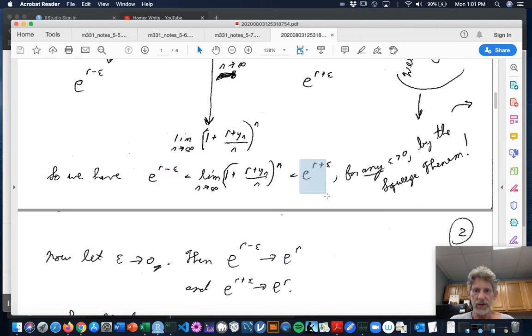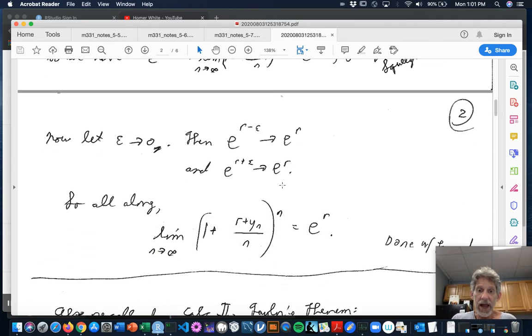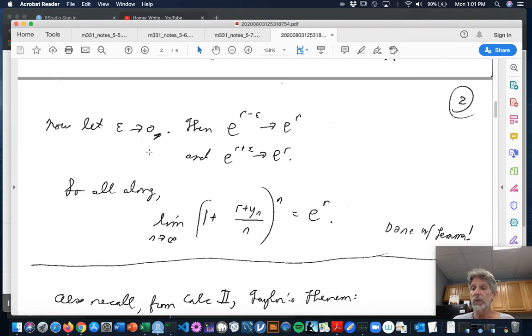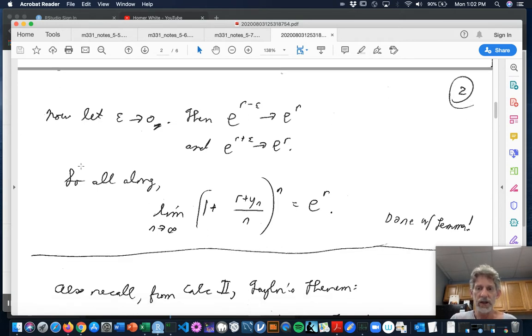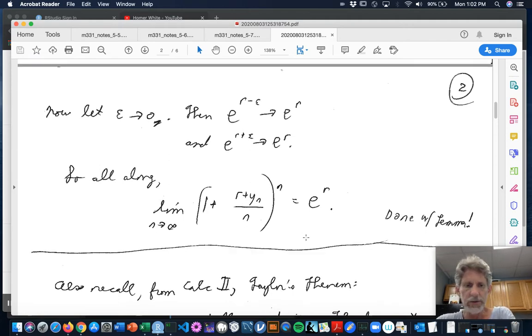And this upper bound is also going to e to the r. And so this poor old limit, or the lim inf and the lim sup, they're stuck between two things that are getting closer and closer to e to the r, so they have to go to e to the r. The limit really does have to exist. The lim sup and the lim inf have to really come to be the same thing, and then therefore that's the limit. So we've got this, and like I said, you do need to have studied a little real analysis to really be on firm ground there.